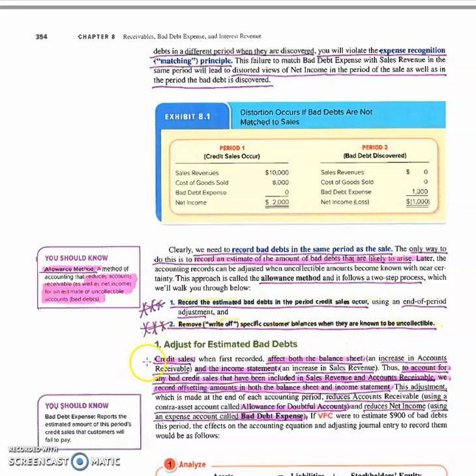So to adjust for bad debt expense, for estimated bad debts, we're going to debit bad debt expense, and we're going to credit the allowance for doubtful accounts. Now you may be wondering, why is it that we don't just credit accounts receivable? Well, there are several problems with that.